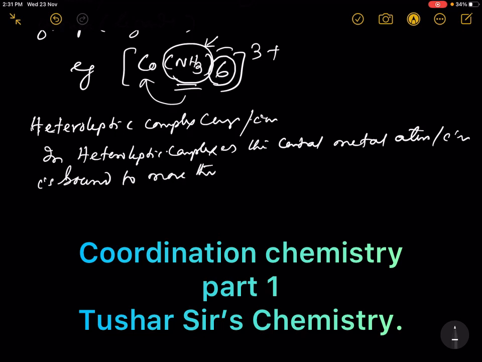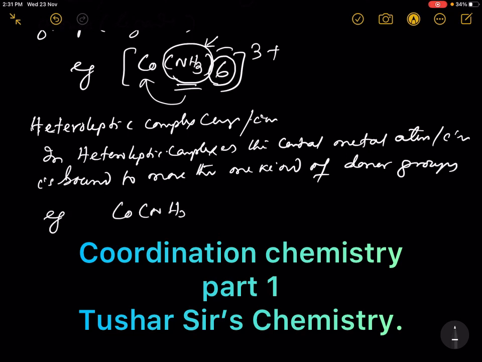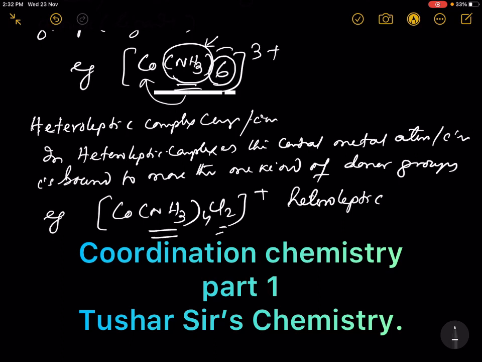Example, [Co(NH3)4Cl2] plus is heteroleptic. Why? Two types of ligands are there. Here the donor groups are ammonia and chloride ions. So it is heteroleptic. Hetero means different. In the above example you see one type of donor groups.